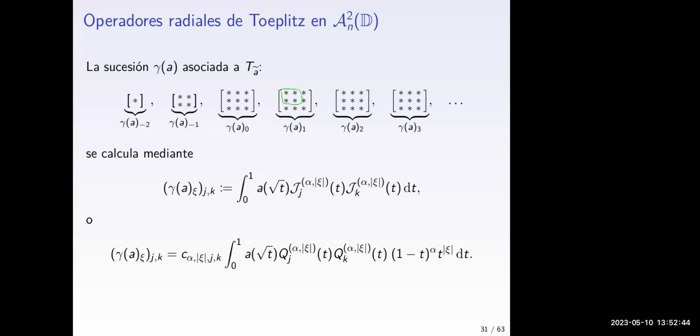Jacobi polynomials are just polynomials, and the weight factor, this power of t, is also a polynomial factor. So all the ingredients are polynomials, and for different values of xi, they look almost the same, and they are very difficult to distinguish.